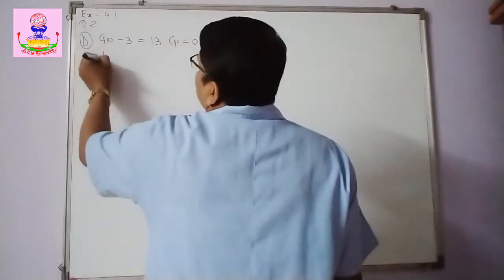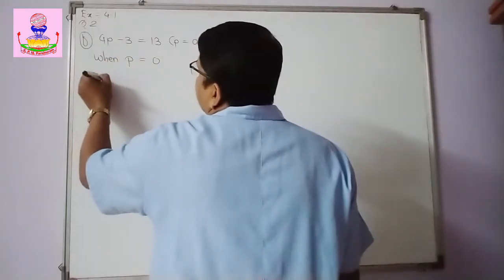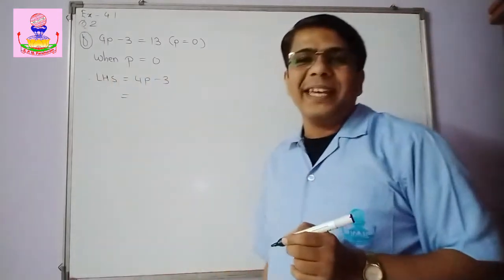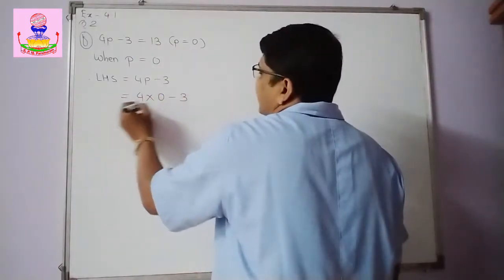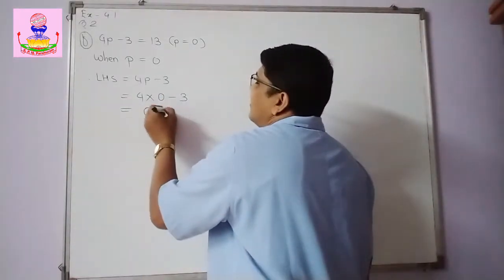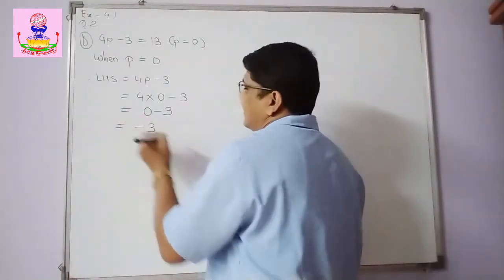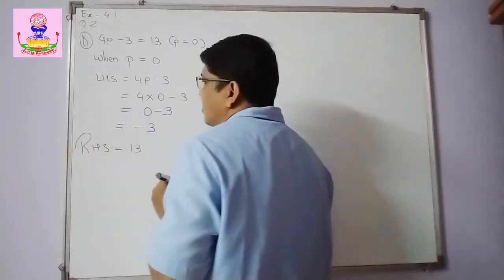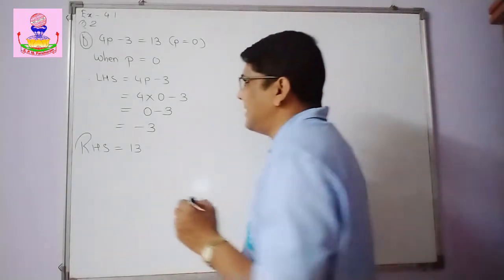So when p equals 0, therefore LHS, 4p minus 3. Now the value of p is 0. So 4 into 0 minus 3. Now 4 into 0 is 0, minus 3. 0 minus 3, minus 3. What is RHS? 13. So LHS is not equal to RHS.